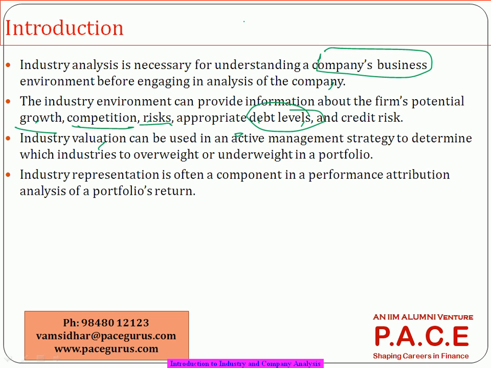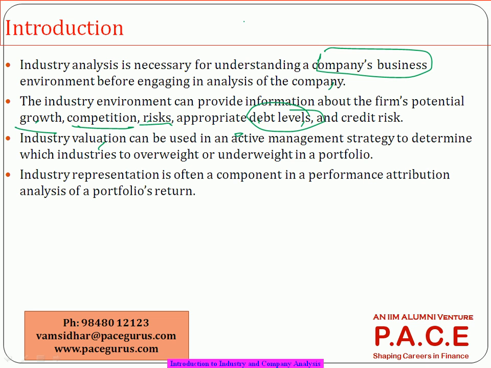Because as an investor or as an investment advisor, our role is to shortlist some of the industries. So should we give more importance to IT, or should we give more importance to pharma or real estate? So first, as an investor, we will think of which sector is growing well, rather than which company is doing well.